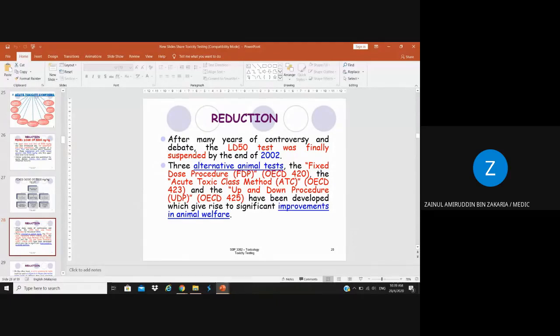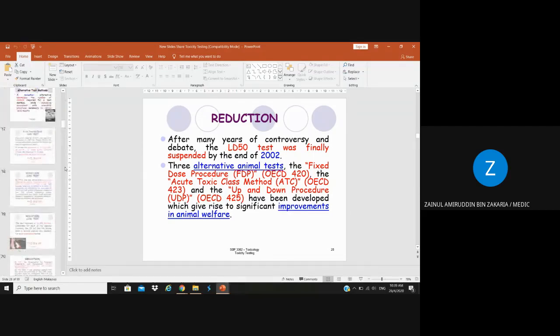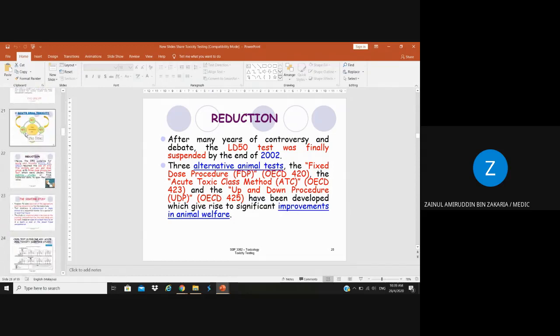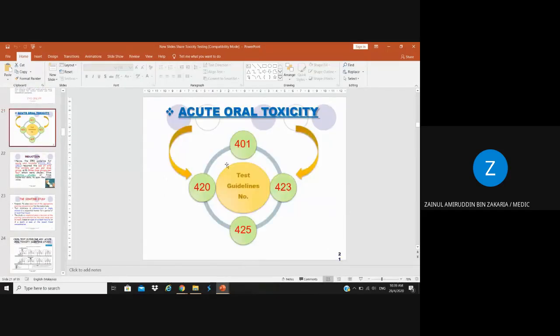You cannot do LD50 anymore, as required by the OECD organization, because they want to prevent torturing the animals. So that's why OECD 420, 423, and 425 were developed.